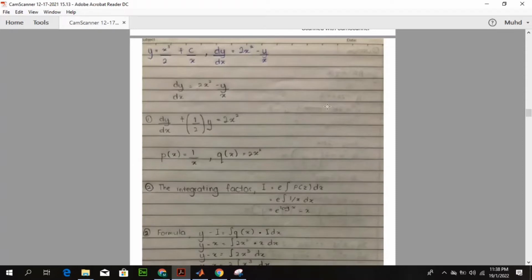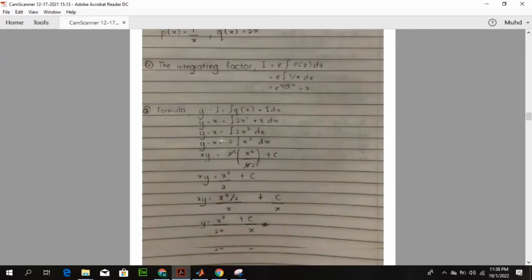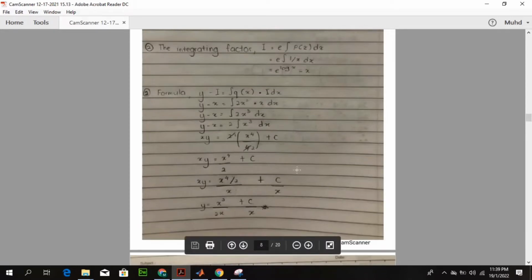From the differentiate, we can get P and Q. And then second, we do integrating factor. We get e log x minus x. And then do the formula, and we get the final answer is y equal x power of 3 over 2x plus c over x.